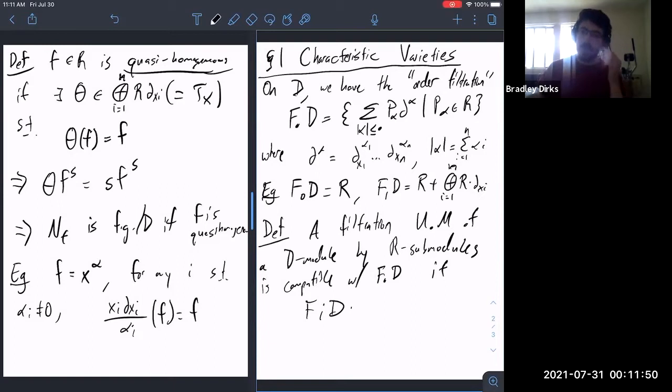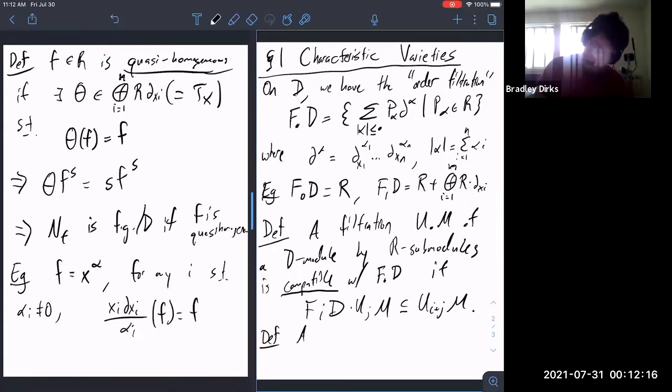When I say D module without any prefix, I mean a left D module. That's just what I'm more comfortable working with. Sorry, this should be a U. So this is the definition of compatible.